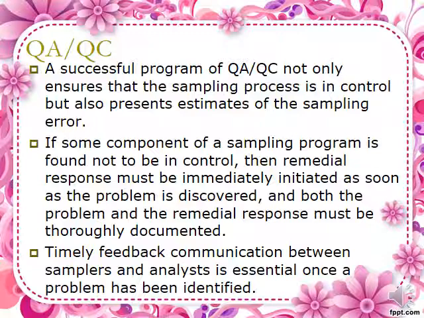So it is important to communicate between the samplers and the analysts once a problem has been identified. Normally samplers and analysts are different persons. So once the analyst has come up with a result which is not in the expected range, they have to inform the sampler so that the sampler will identify from where the sample has been taken, and they have to take another sample.